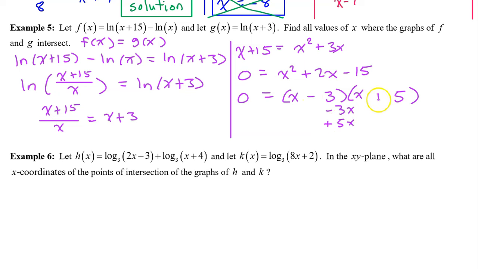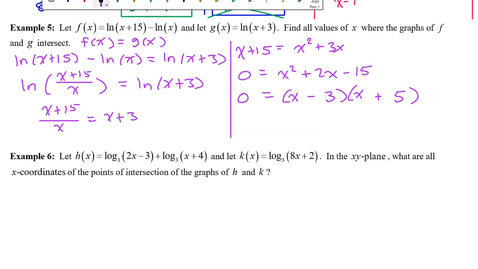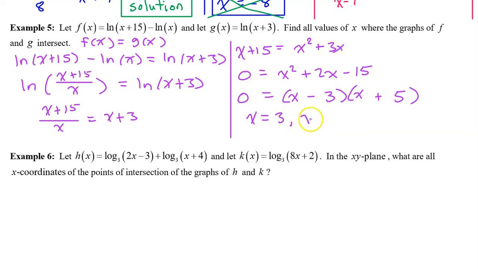So negative here, positive here. Also, negative 3 times positive 5 is negative 15. So this is working. Using the zero product property and setting each of these factors equal to 0, we get x is equal to 3 and x is equal to negative 5.